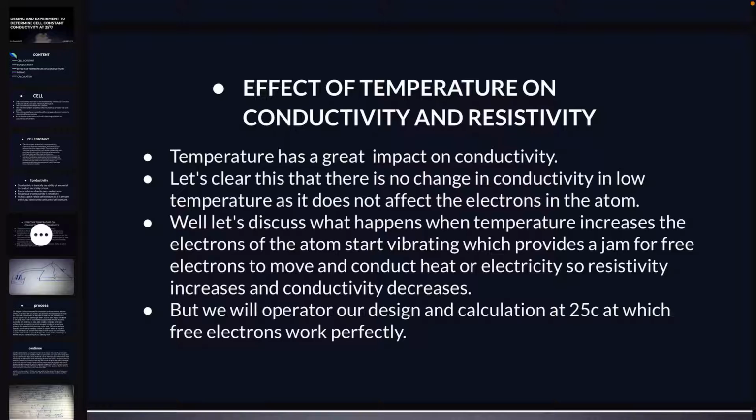So basically, we've been given a temperature of 25 Celsius, which is quite close to room temperature, because if it were 60 Celsius, that would be hard for me to determine. And even if it was lower, around 0 Celsius, it would also have been hard for me to measure and search for.